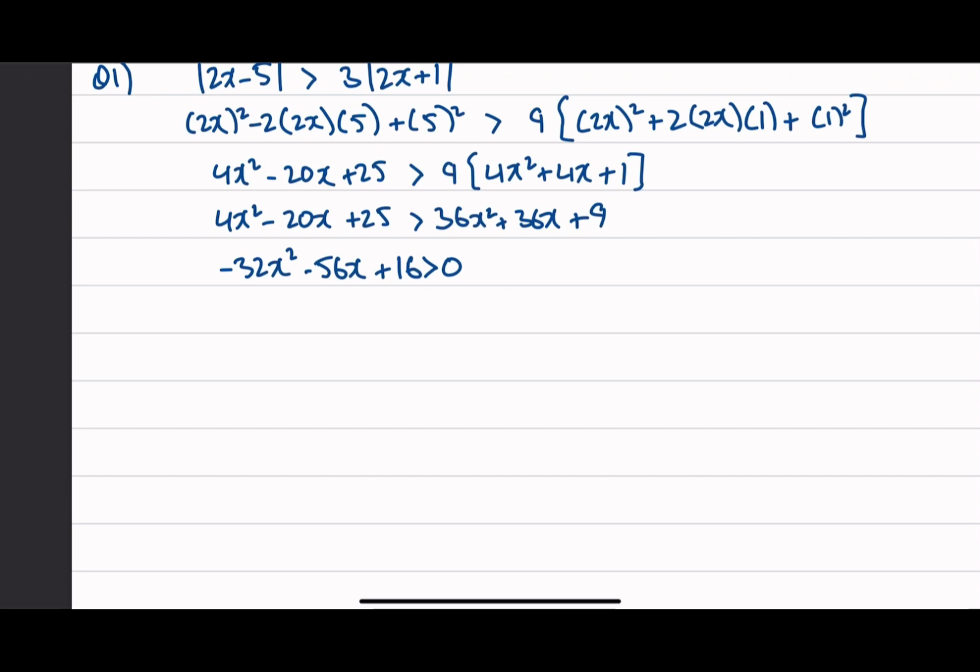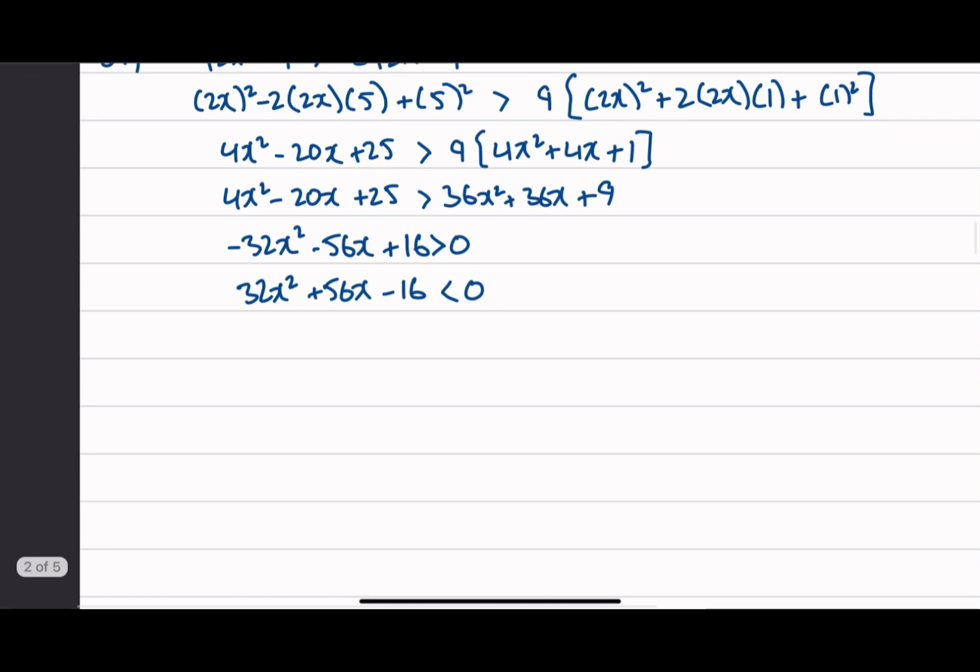Multiply both sides by minus 1, so our x squared coefficient is a positive number. So 32x squared plus 56x minus 16 is less than 0. And factorize this. So 4 bracket 8x squared plus 14x minus 4 is less than 0.